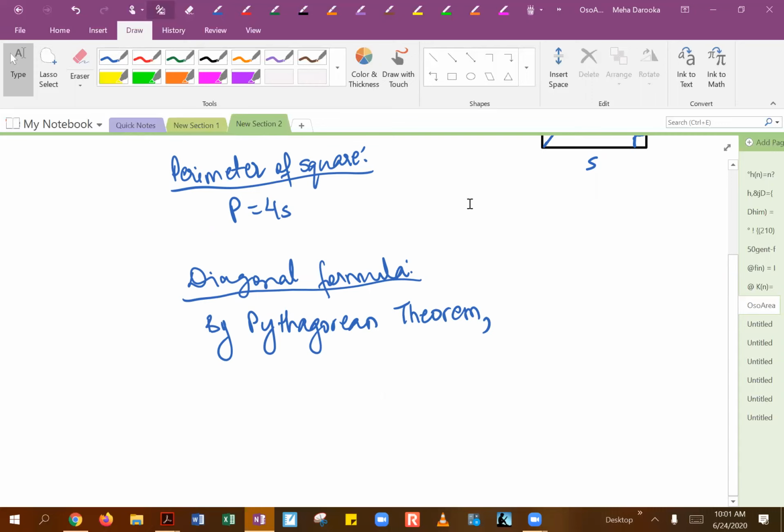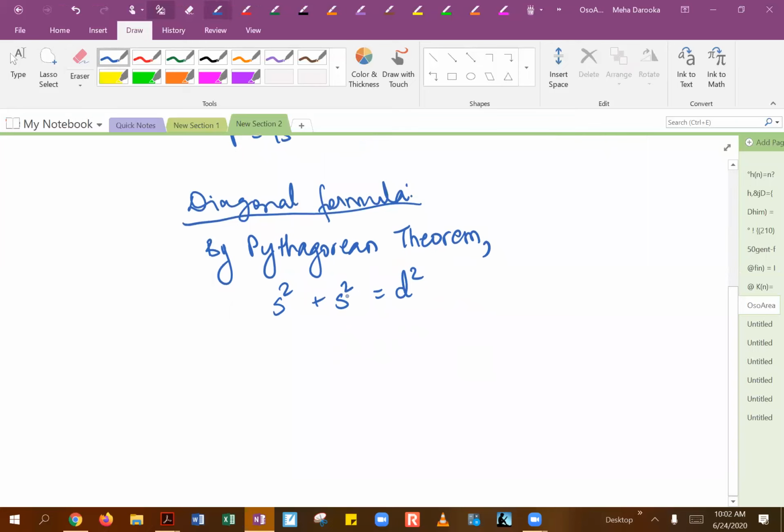That would be S squared plus S squared equals D squared. Since we have the same term, we can add them together, giving us 2S squared equals D squared.